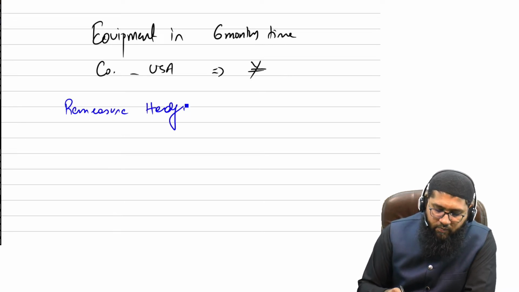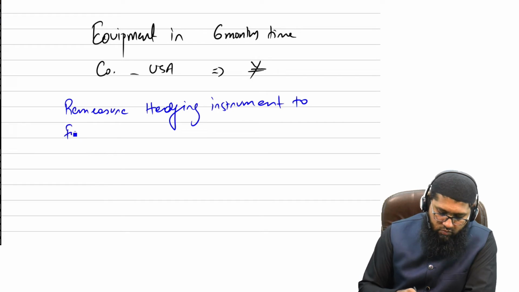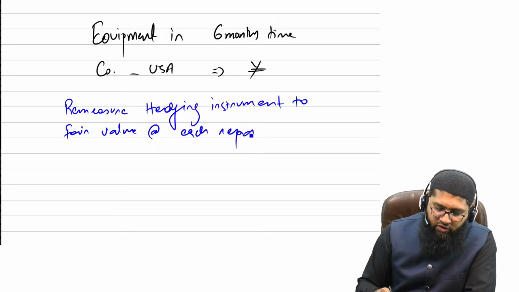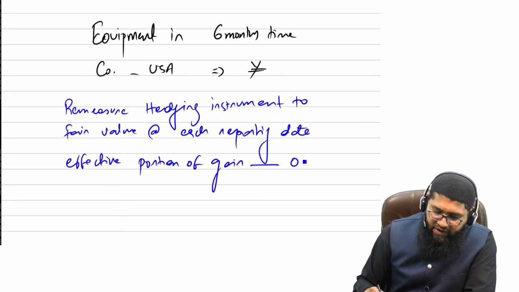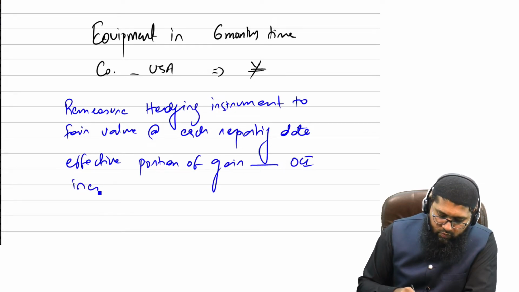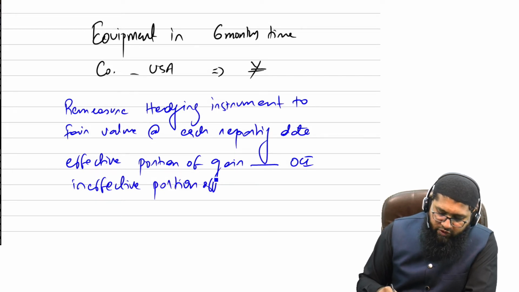the hedging instrument to fair value at each reporting date. The effective portion of the gain is taken to OCI. The ineffective portion of the gain is taken to P&L.